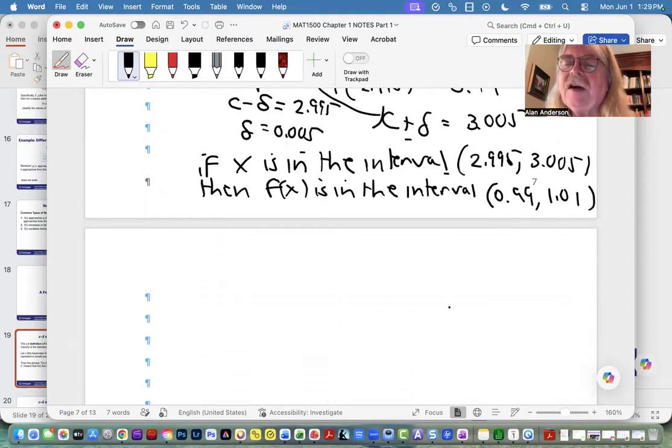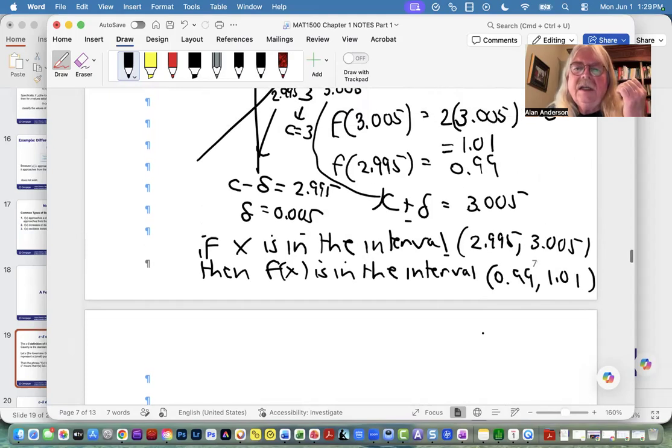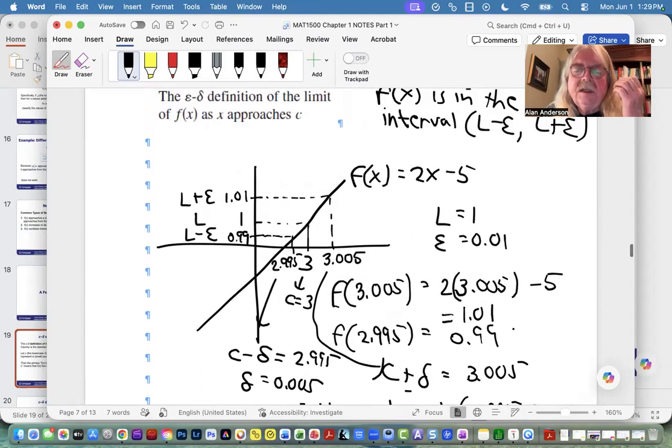Now, if you didn't find that terribly enlightening, just be aware that this is the formal definition of limits.